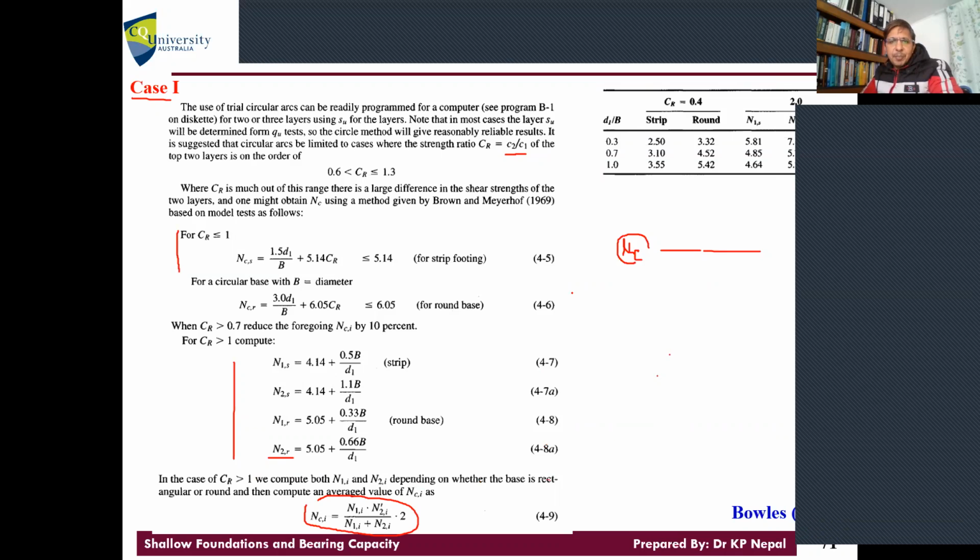The approach discussed here is to calculate the combined value for the two layers, right? And then we use that in the bearing capacity equation. It's nothing new, just use a few equations and you will get the values required for the layered soil.